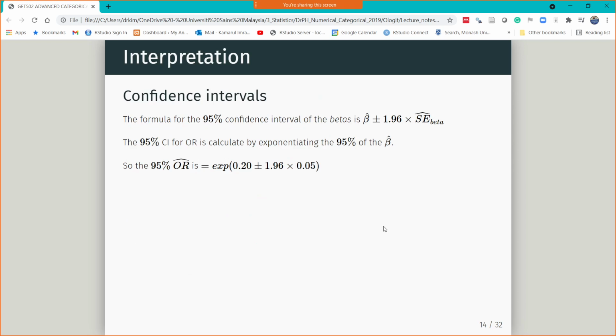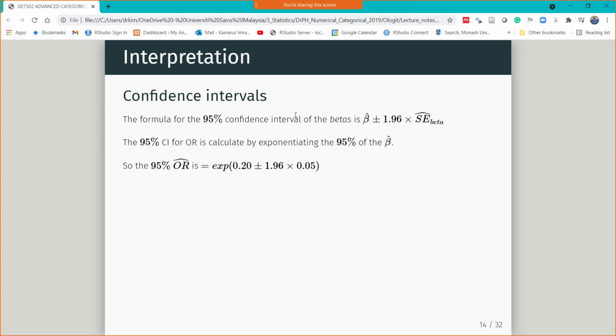For confidence intervals, same principles. You get the beta value and the constant value for 95% confidence interval, which is 1.96, and you multiply it with the standard error of the beta. But again, you have to add and subtract first before you convert.